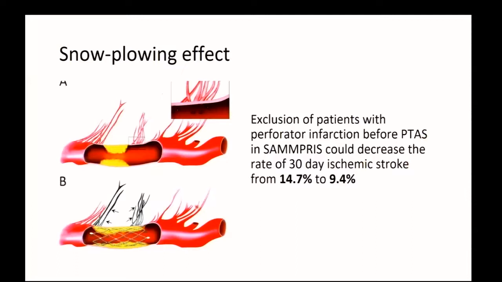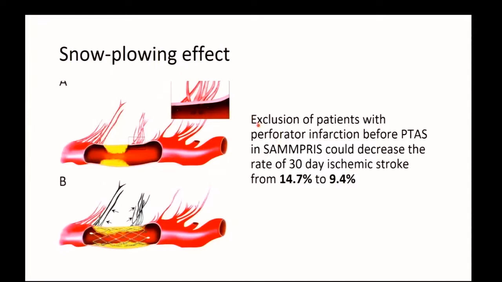This is a very nice image that kind of summarizes what happened in the balloon and stent group. This is the snow plowing. You have perforators here, and you have a plaque in between two perforators, and then you go with the balloon, inflate it, and then put in a stent, then you snow plow, you encroach on the perforator artery, and then you cause these perforator pattern strokes.